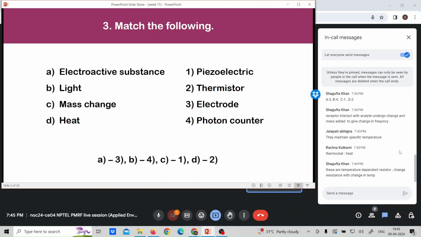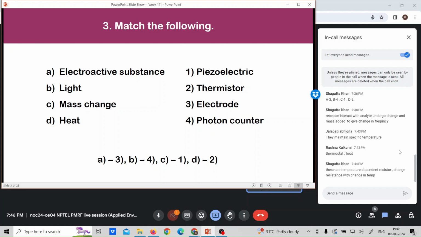So we have these electrodes, basically anode and cathode, one of which can donate electrons and the other can accept electrons. This electrochemical reaction gives us the information that we want from the sensor.